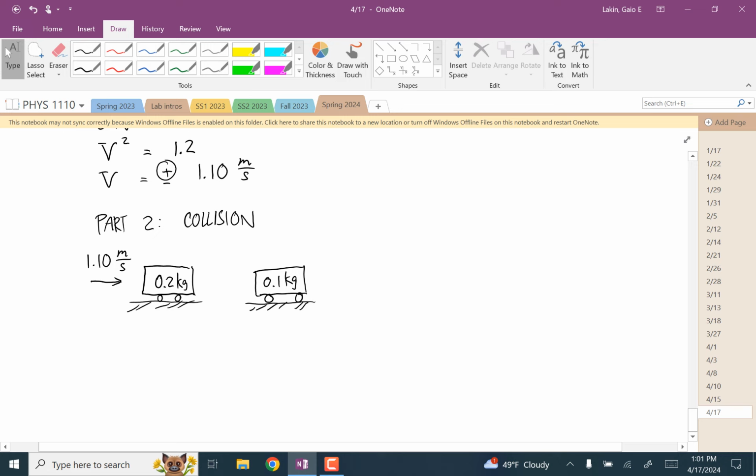And so we can set this up as conservation of linear momentum: 0.2 times the velocity vector of 1.10, plus 0.1 times the velocity of 0, is equal to the sum of the masses times a velocity vector.